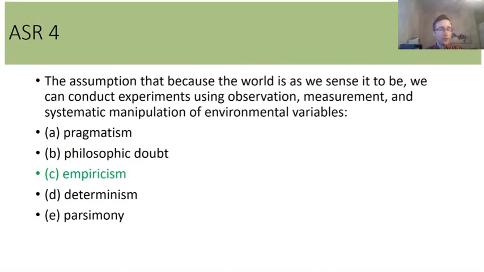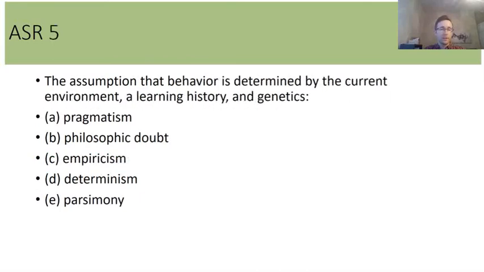And if you selected determinism, determinism is just the assumption that the universe is lawful and orderly, and therefore behavior is also lawful and orderly. Here, this ASR is asking you about observation, measurement, systematic manipulation. Those are key concepts associated with the empiricism assumption underlying behavior analysis.